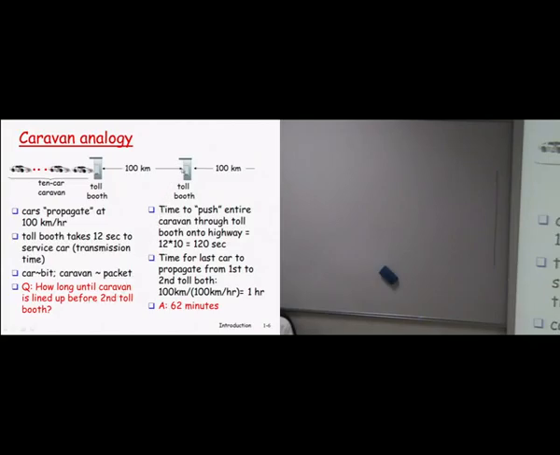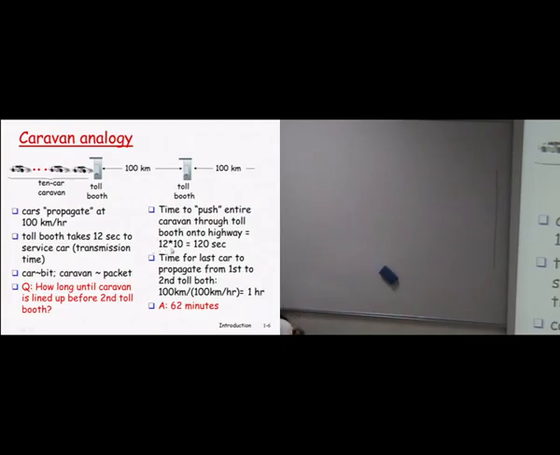So the time to push the entire caravan through the toll booth onto the highway is equivalent to how many cars there are: 10. How much time will one car's transmission take? 12 seconds. So 12 seconds into 10 cars is equal to 120 seconds, which will be taken by the first toll booth to process all the 10 cars, meaning to transmit the 10 cars onto the highway.